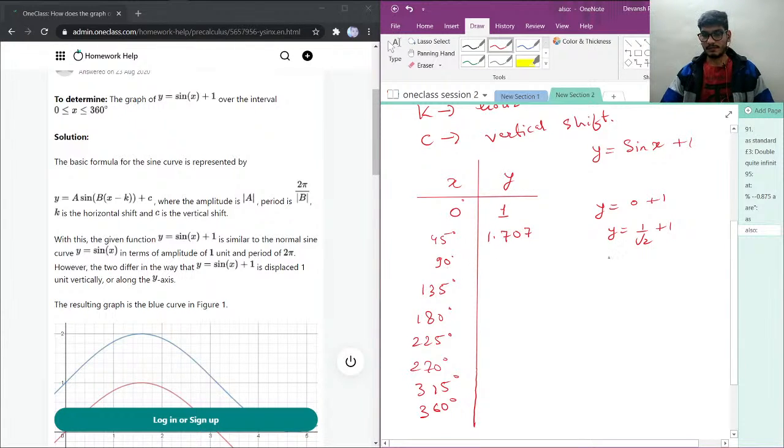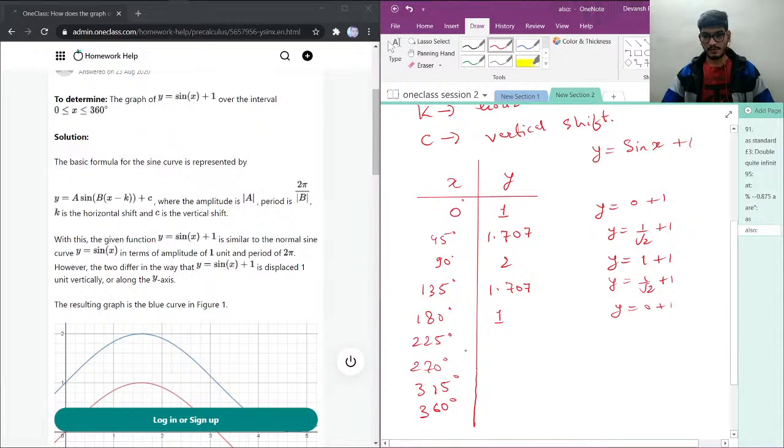For 90, sine 90 is 1, plus 1 gives 2. For 135, sine of 135 is again 1 over root 2, plus 1, so again 1.707. Then sine 180 is 0, plus 1, so this will be 1.